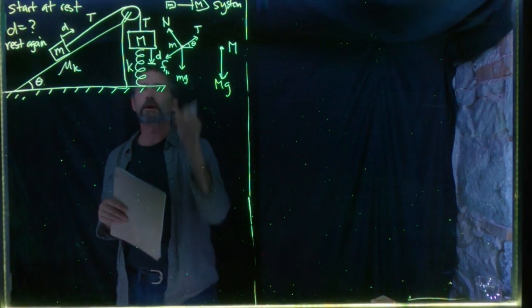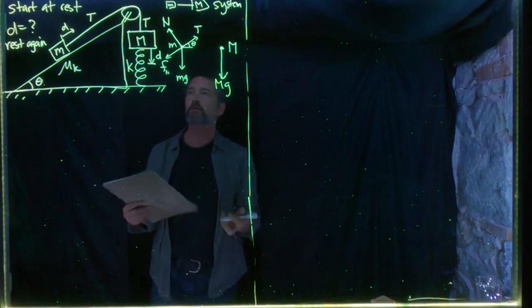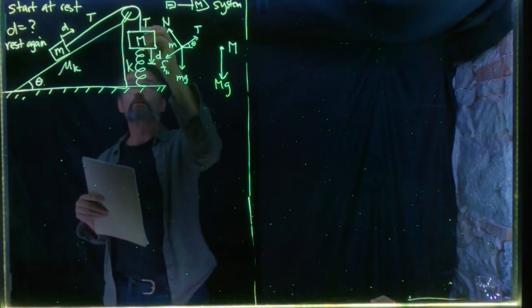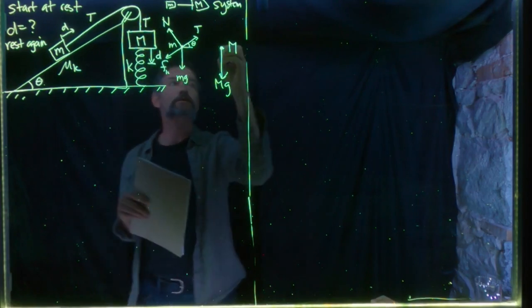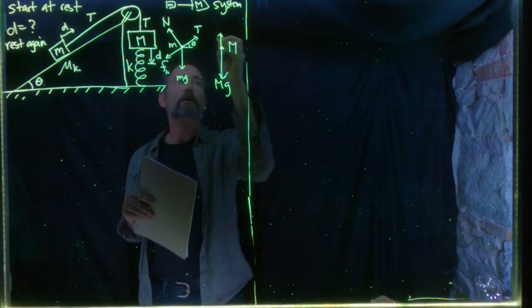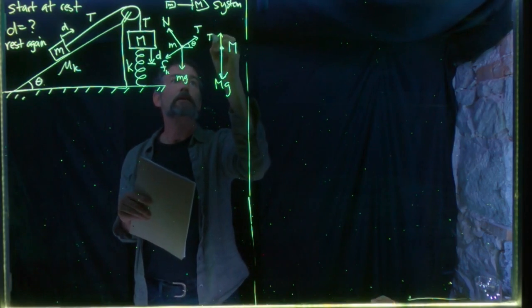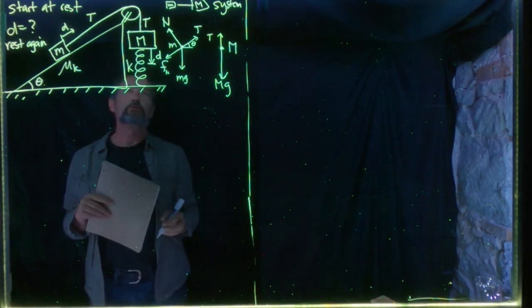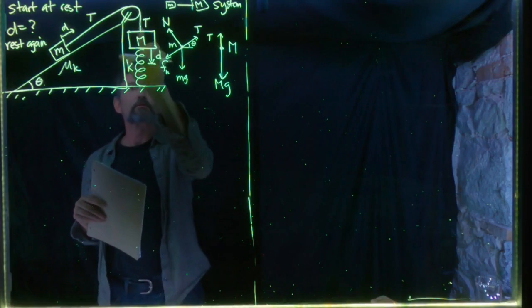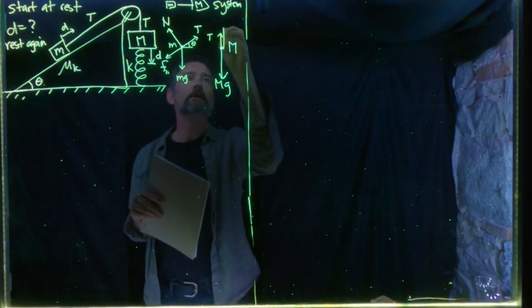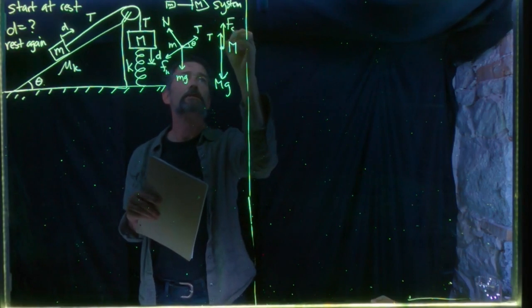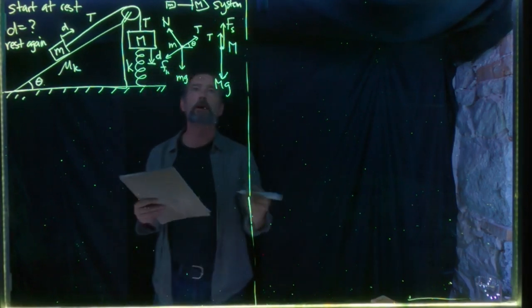That's the field force acting on big M. And then what are the contact forces? Well, there's a rope touching it at the top, and that rope is under tension, so it will exert an upward force on big M of magnitude T. But there's also another upward force, which is the spring. The spring is also pushing up. So there's a second upward force, which is the force that the spring exerts on big M.